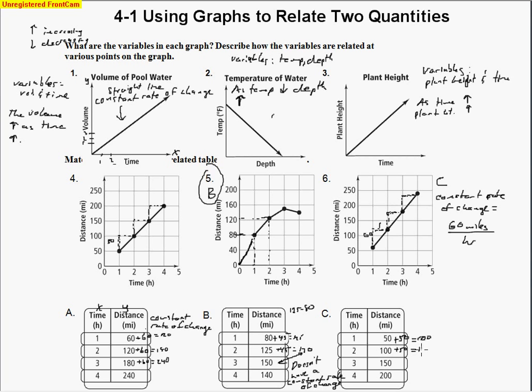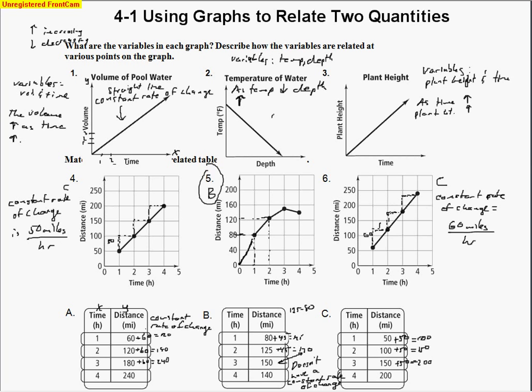So if I add 50 each time, I end up getting that following y value, because the hours are just increasing by 1, the miles are increasing by 50. And so that's what we see here. So the constant rate of change is 50 miles in 1 hour.